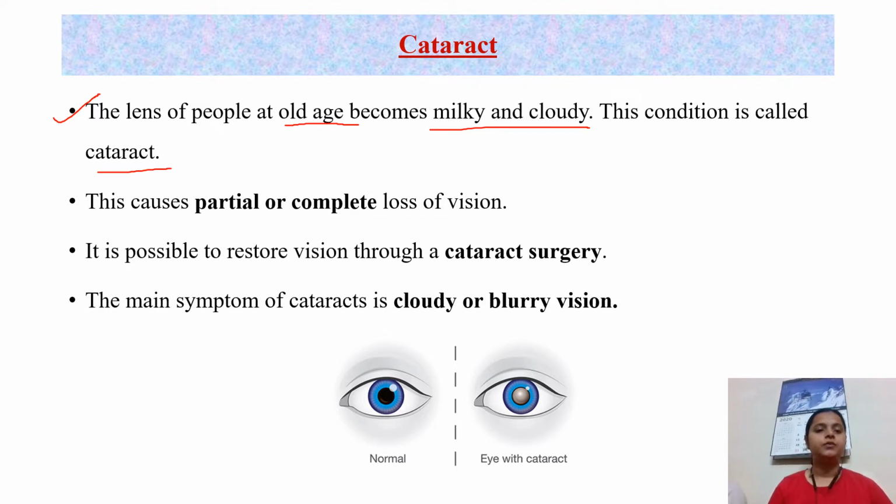So this causes partial or complete loss of vision. Sometimes what happens, partially we can see some of the objects, not clearly. And sometimes the complete loss of vision is there. But yes, we have possible ways in which we can recover from this disease.